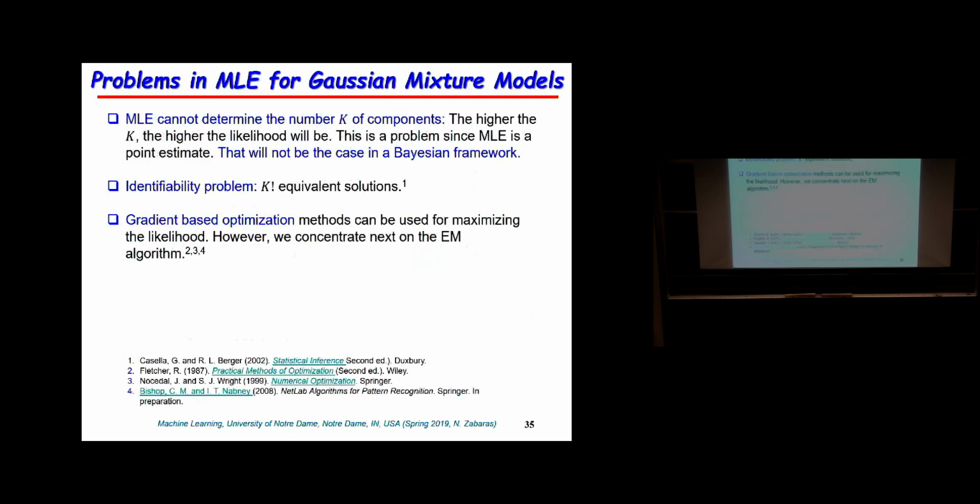There is an issue with identifying the labels, because when you say this is the mean and the variance of component 1, the mean and the variance of component 2, is 1 the blue, or is it the red, or is it the green, right? So there is a serious identifiability problem, because we have k factorial equivalent solutions.